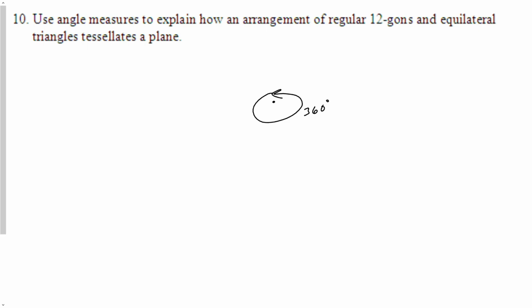So what you need to think about are the angles of each shape: the angle of an equilateral triangle and the regular dodecagon. Right now, figure out what each of those interior angle measures would be.